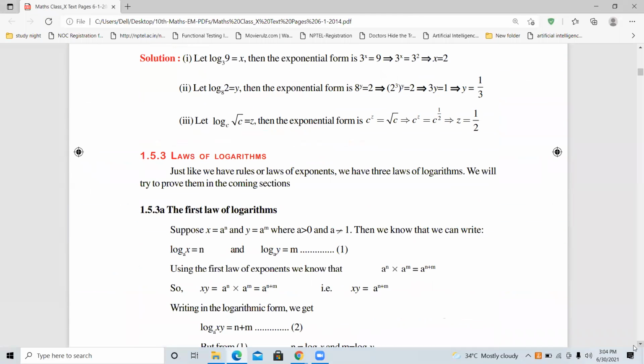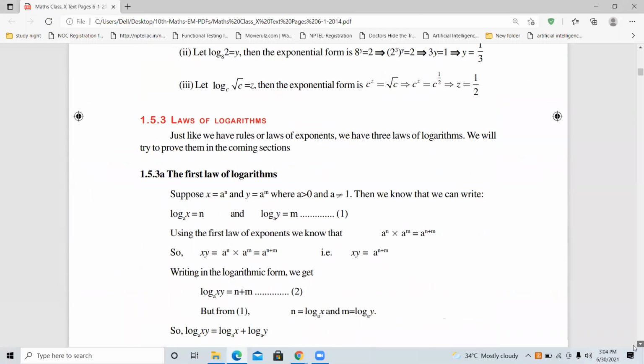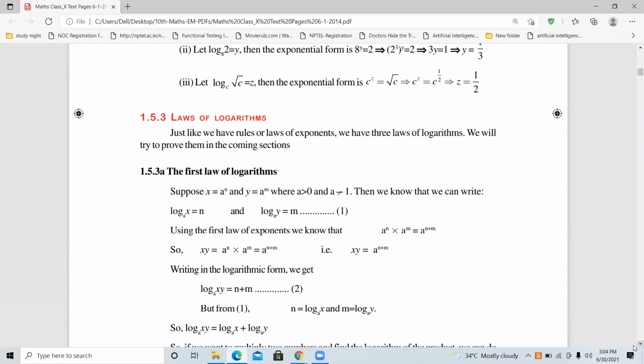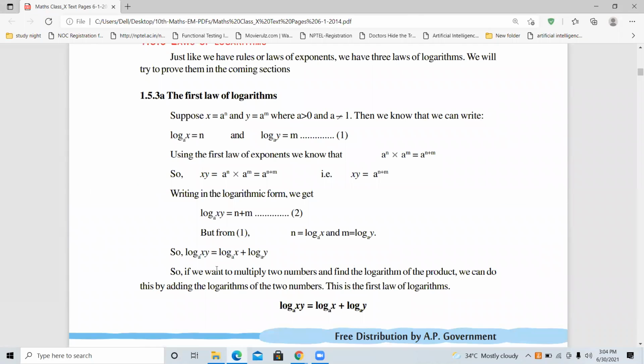After this, I am going to explain the laws of logarithms. The first law of logarithms is log of xy base a equal to log of x base a plus log of y base a. And the proof will go like this. We suppose x equal to a power n and y equal to a power m.